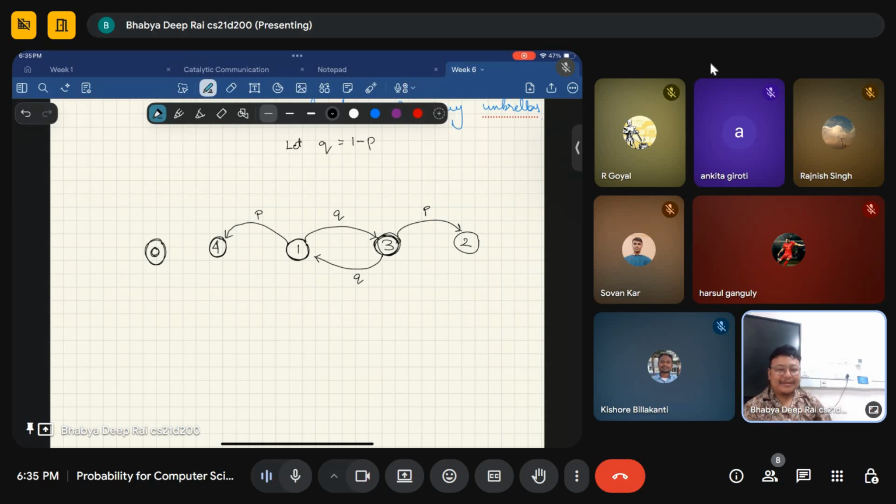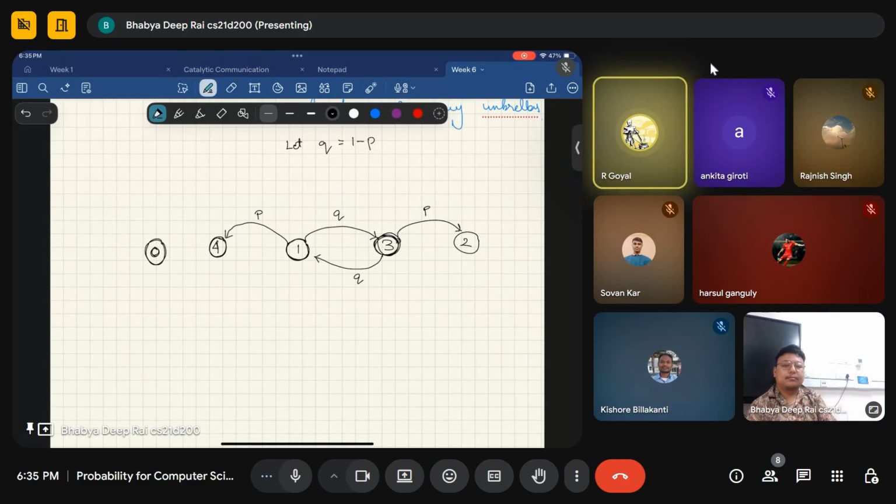Now, let's say for 2, can you tell me for 2? So for 2, if it rains, then I will go to 3. And if it does not rain, then I will remain on 2 only. That 4 and 5 principle is still valid here.